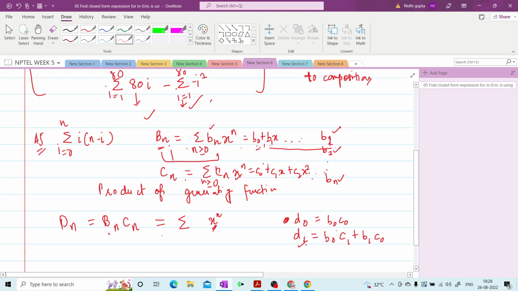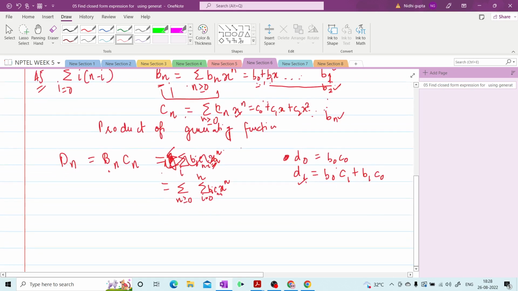Now you can generalize it. If you want to find the coefficient of xn, it is the sum of bi c(n minus i), with i going from 0 to n.